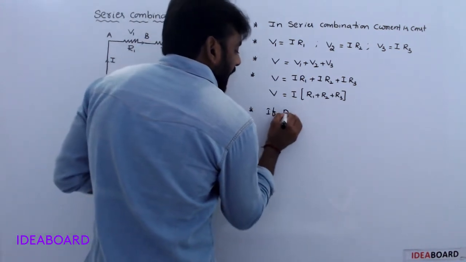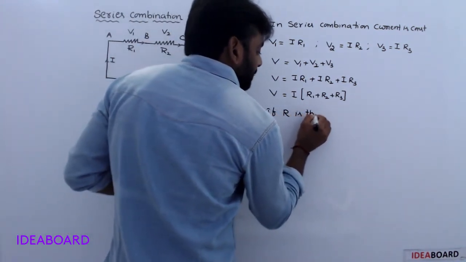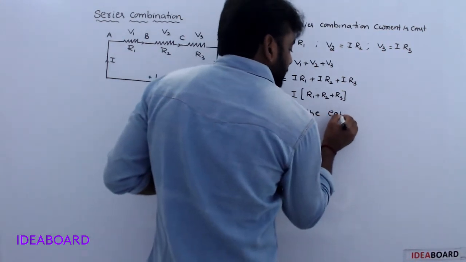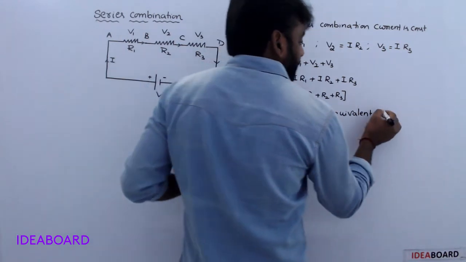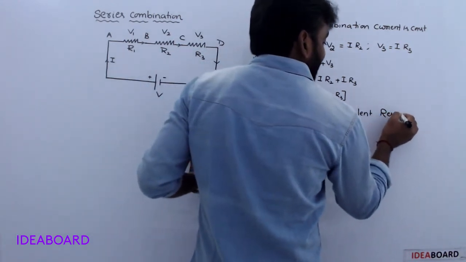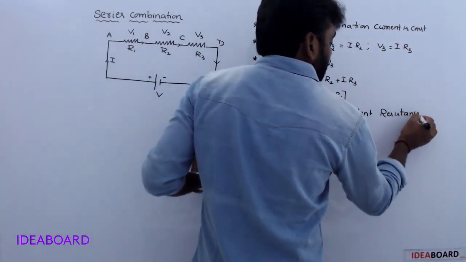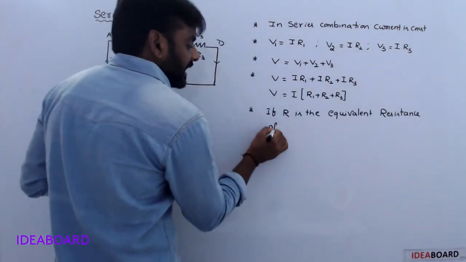Now, R is the equivalent resistance of this combination.